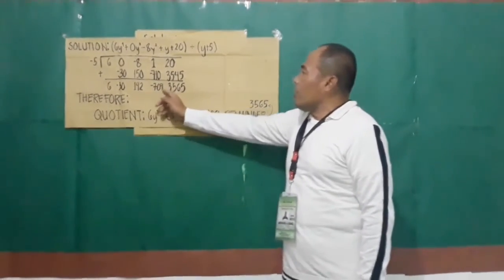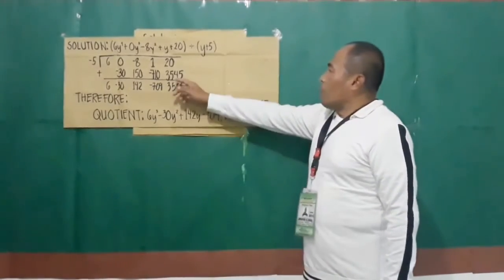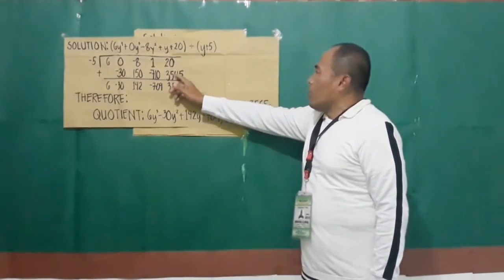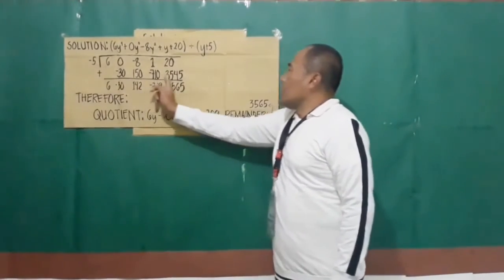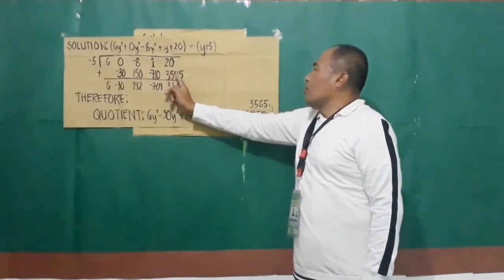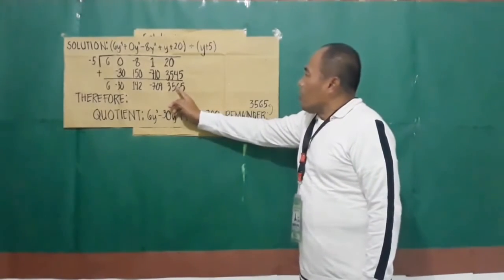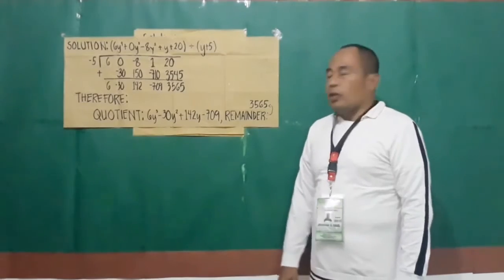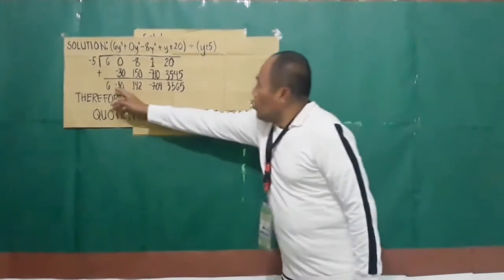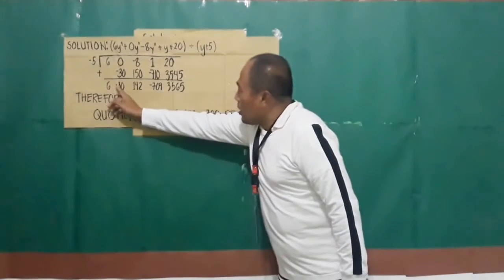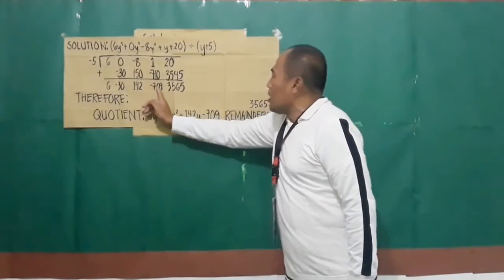Negative 709 multiplied by negative 5 gives a product of 3,545. 20 plus 3,545, the result is 3,565. Therefore, the quotient has numerical coefficients 6, negative 30, 142, negative 709.